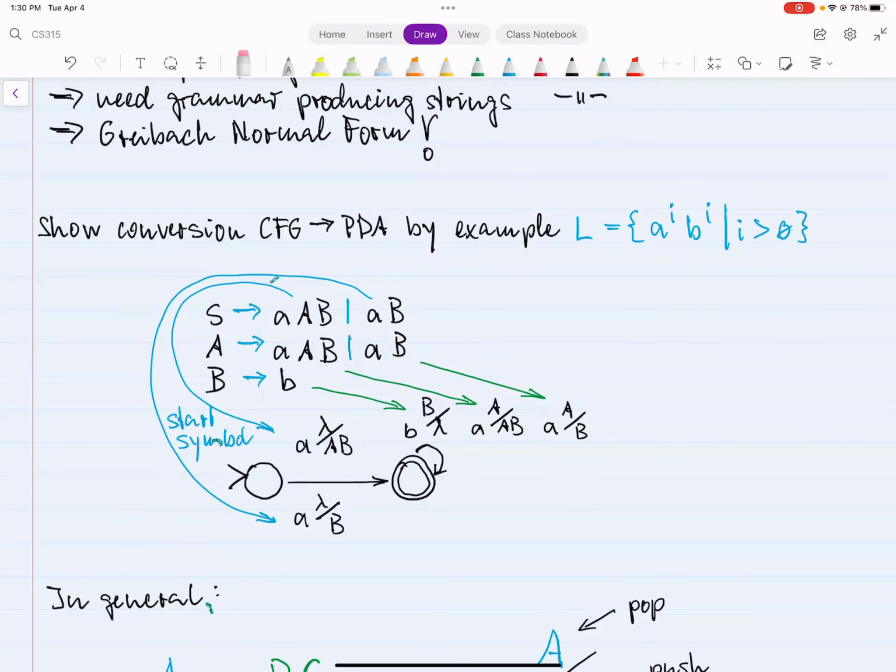So you may wonder, well, how does that work? Well, we are on the final state anyways. What we need to be concerned about only now from here on is to eat away the input string and to eat away the stack. Okay.